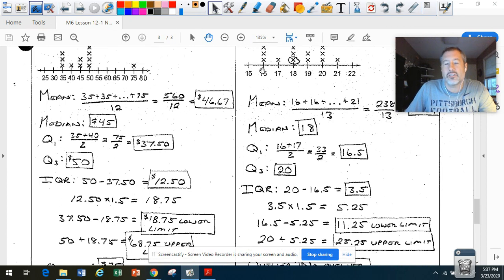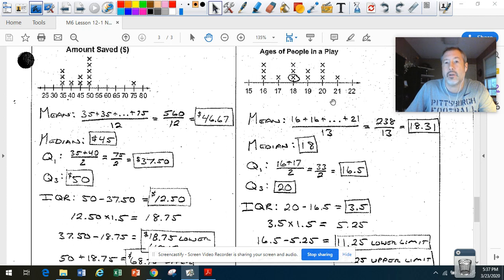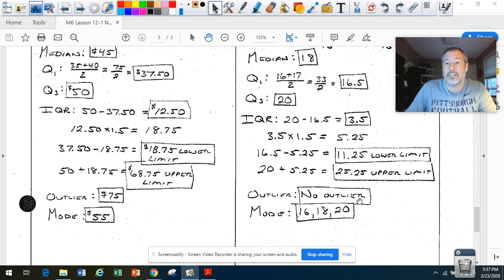As we see here, there's nothing below 16 years of age, so we do not have an outlier at the lower end. Now let's look at the upper end. 20 plus 5.25 gives us 25.25 as the upper limit. And we don't go beyond 21 years of age. So as you can see, there are no outliers here whatsoever.